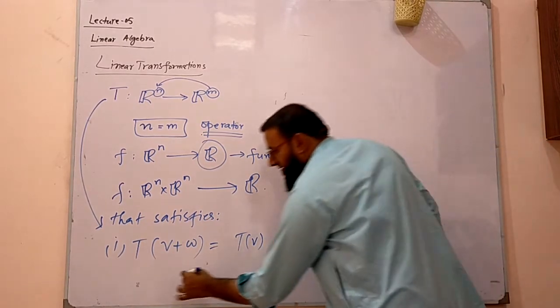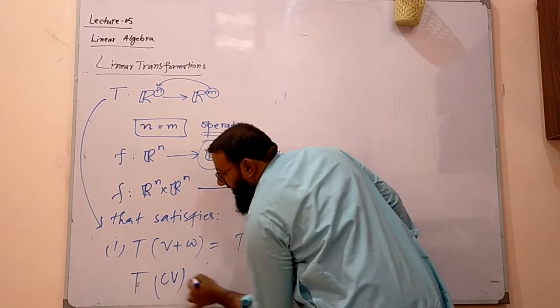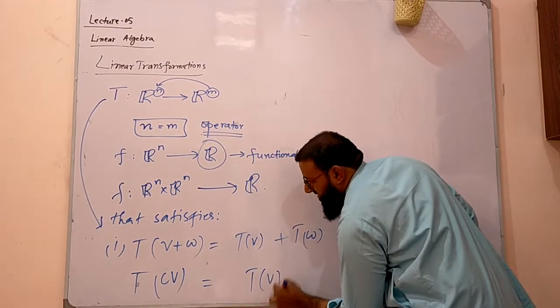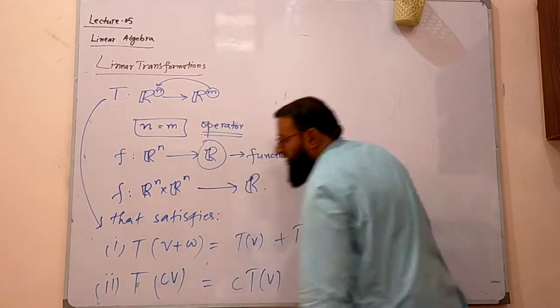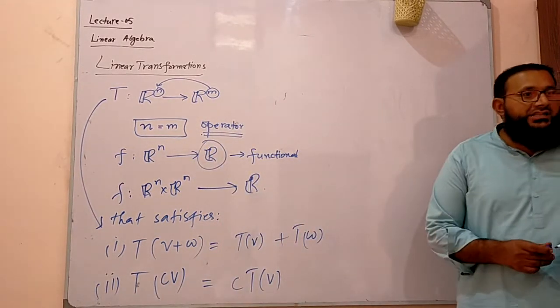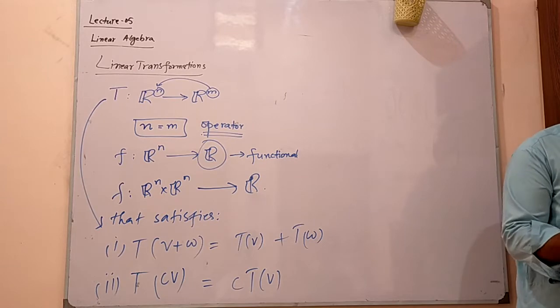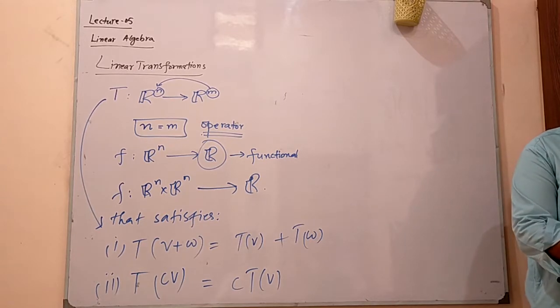And the other one is that you scale a vector and then apply the linear transformation. It is the same as applying the linear transformation and then scaling. If these two properties are satisfied by that operator, we call it a linear transformation.